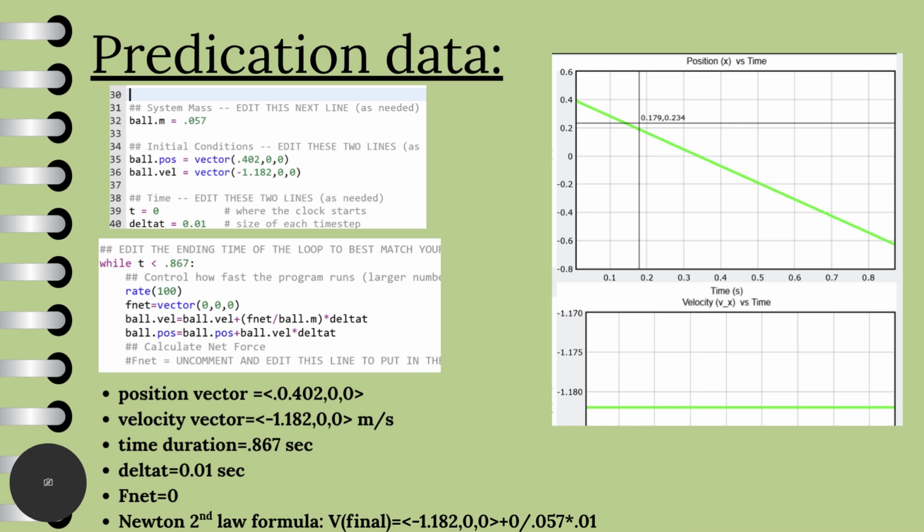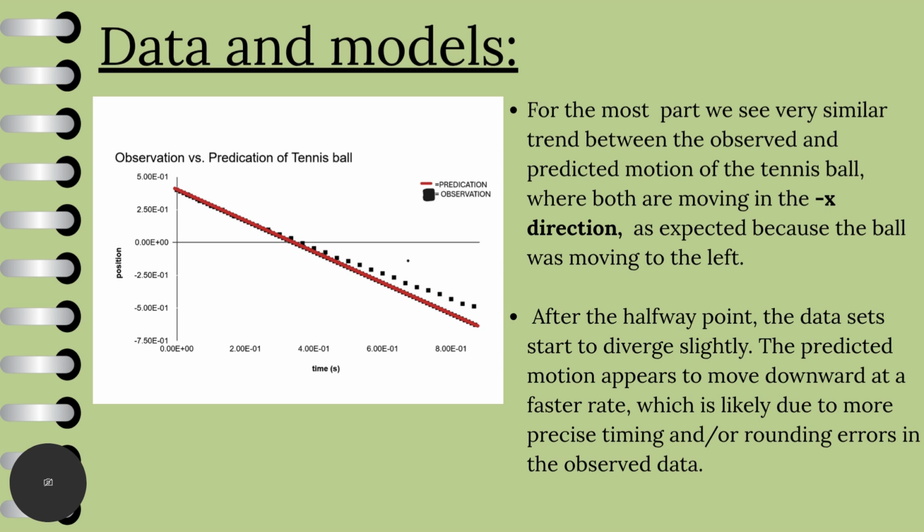And then we also give it the force, which is just the zero vector, and then also give it the velocity update formula so it can predict future positions. And here to the right is the graph after we run this program, which just moves in the negative downward position.